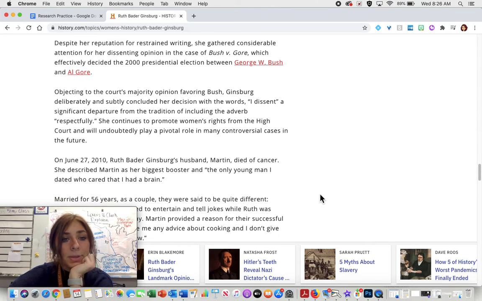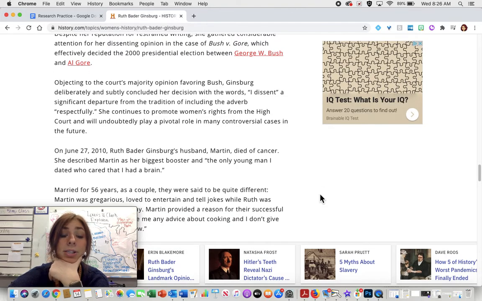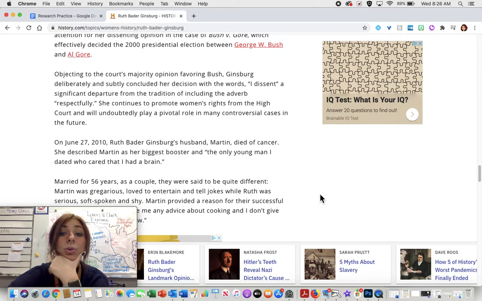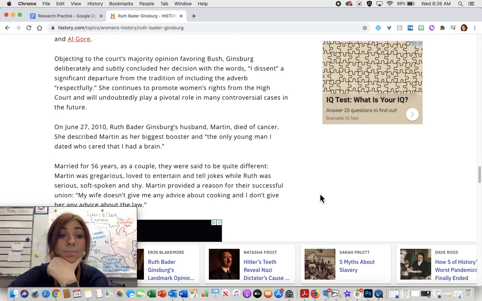So, despite her reputation for restrained writing, she gathered considerable attention for her dissenting, meaning disagreeing, opinion in the case of Bush versus Gore, which effectively decided the 2000 presidential election between George W. Bush and Al Gore.